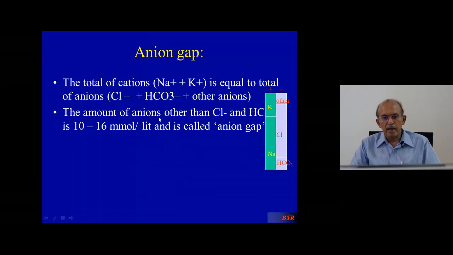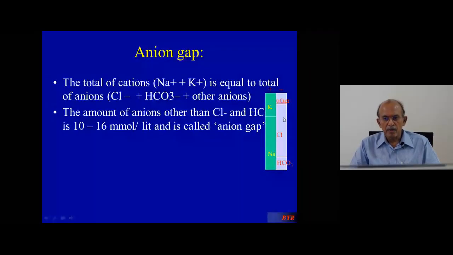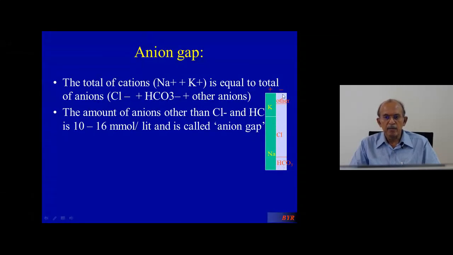The amount of anions other than chlorides and bicarbonate is 10 to 16 milliequivalents per liter and is called the anion gap. Other than these two, whatever there are, they are called the others.